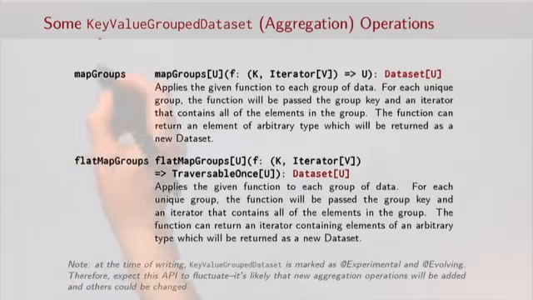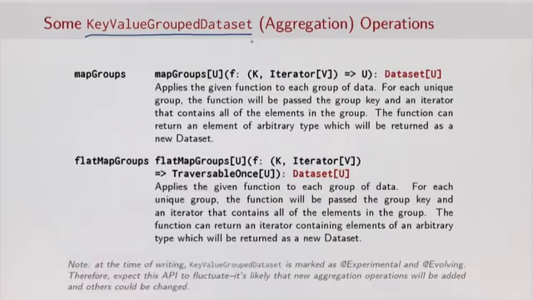So let's go back to this key value group dataset thing again. While normally the operations on these group datasets are aggregations, there are a couple of not really aggregation methods that are also very useful. One is called mapGroups, which is very similar to the reduceGroups that we saw earlier. What this method does is that it applies the map function that you pass to it to each group of data.